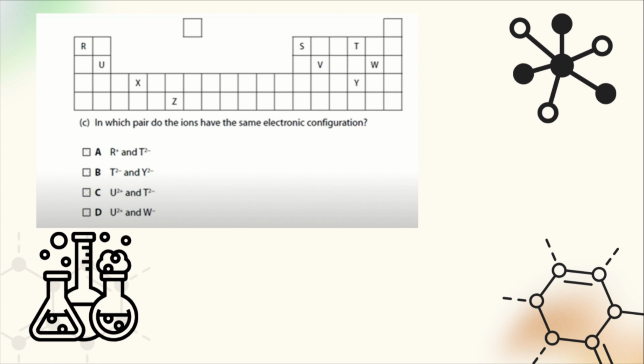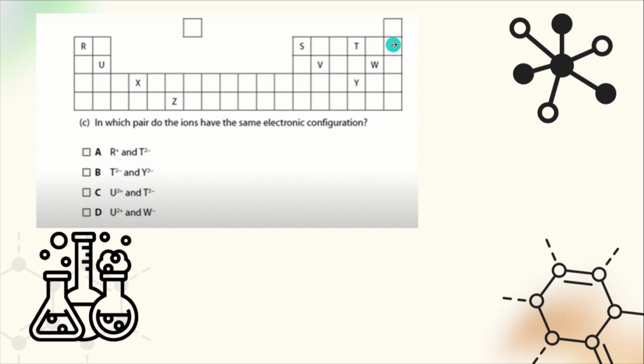In which pair do the ions have the same electronic configuration? R+ means R loses an electron, so it will come here. And T2-, which means T gains 2 electrons, then it will come here.